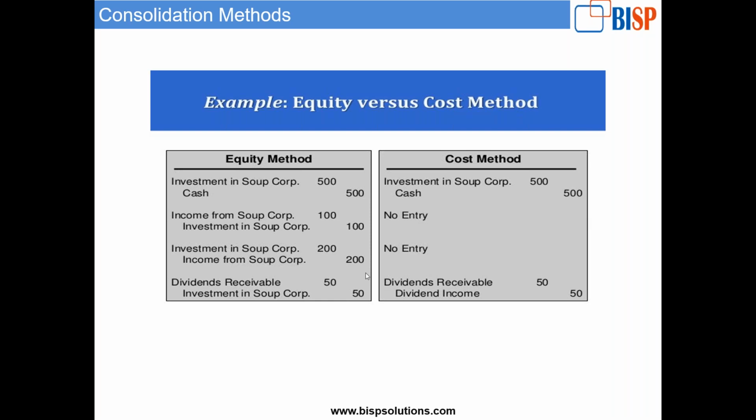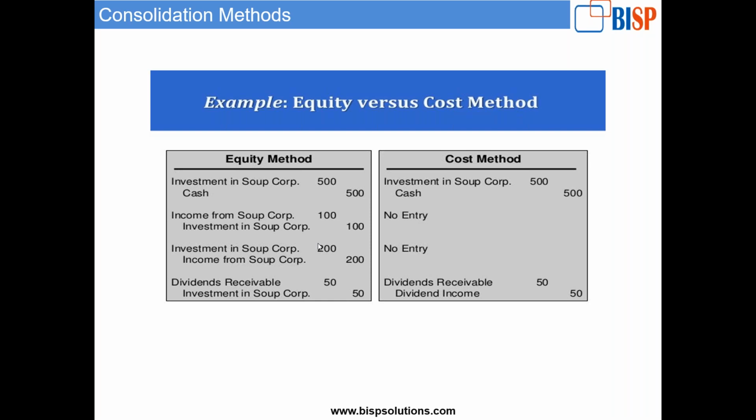But under the equity method, when the company in which we took the acquisition generates profit or loss, our investment amount gets updated at regular intervals. In the first year of acquisition, the company incurred a loss, so we debited the loss by 100 rupees and credited the investment amount.